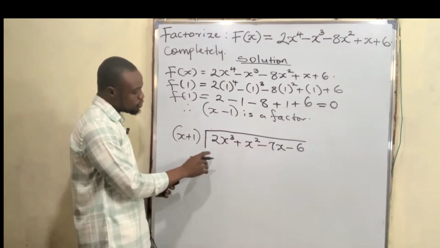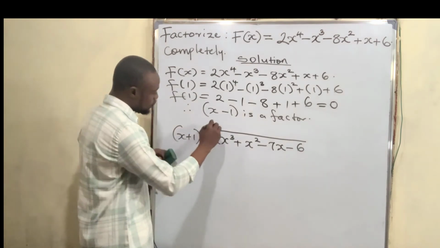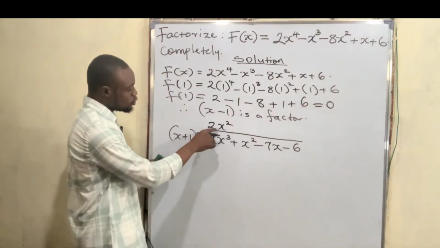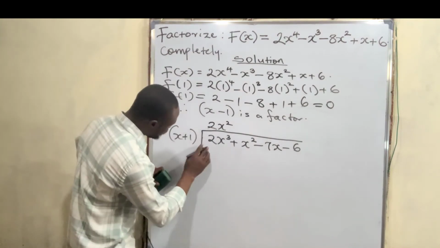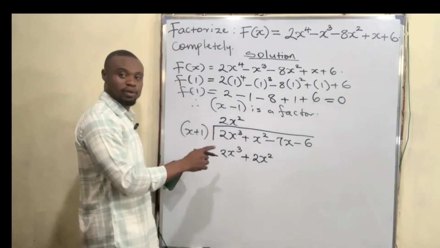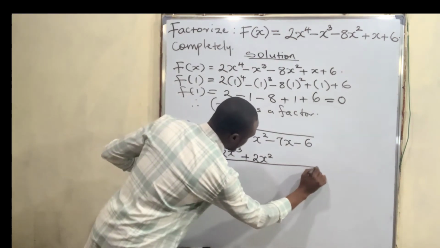Now, in dividing this, we have 2x to the power of 3. 2x to the power of 3 divided by x gives us 2x to the power of 2. Also, 2x to the power of 2 multiplies x, gives us what? 2x to the power of 3, right? 2x to the power of 2 multiplies 1, we get 2x to the power of 2.